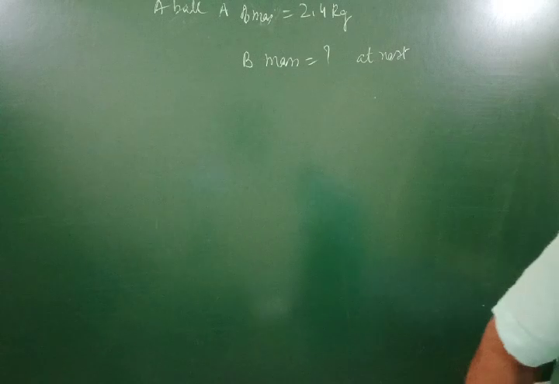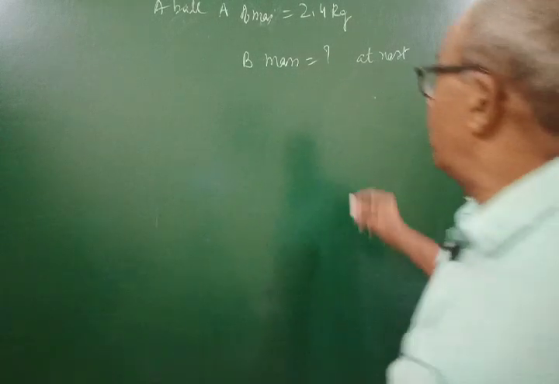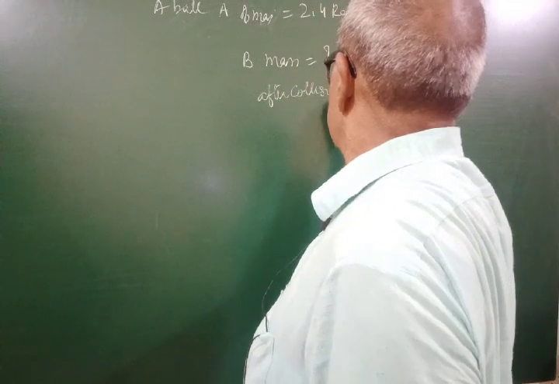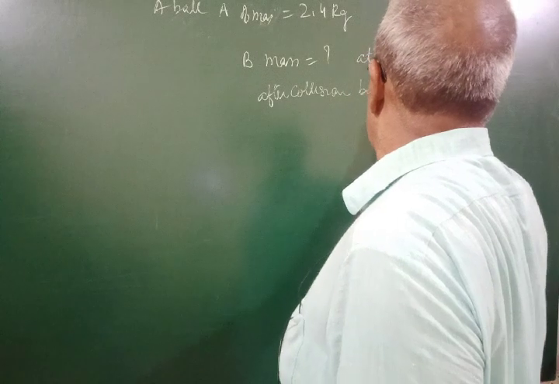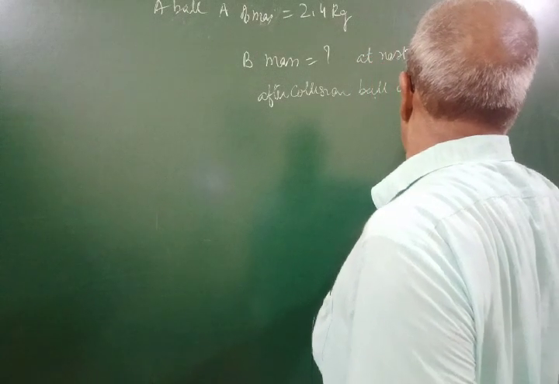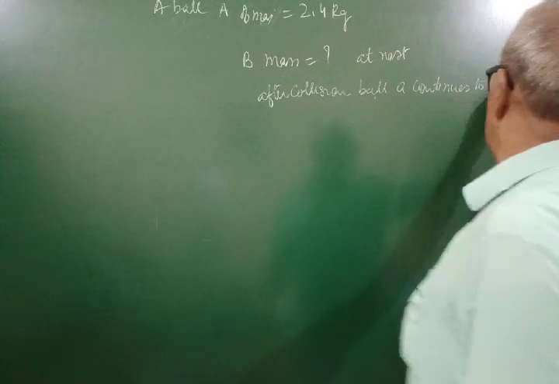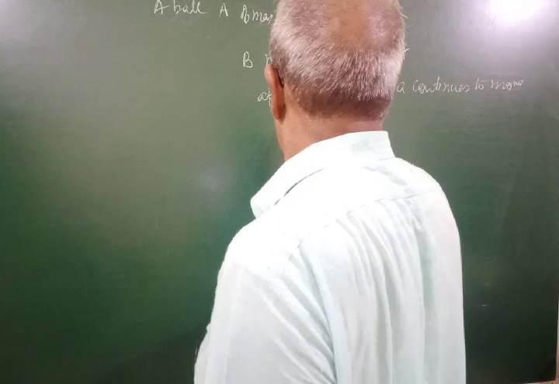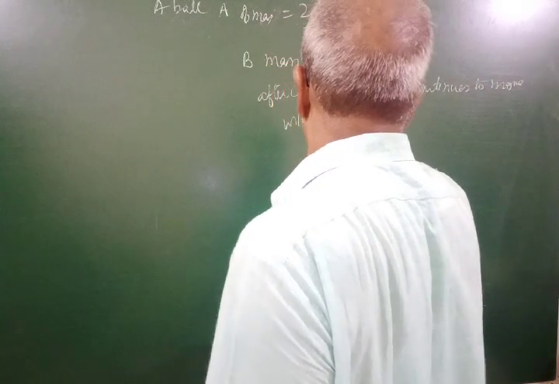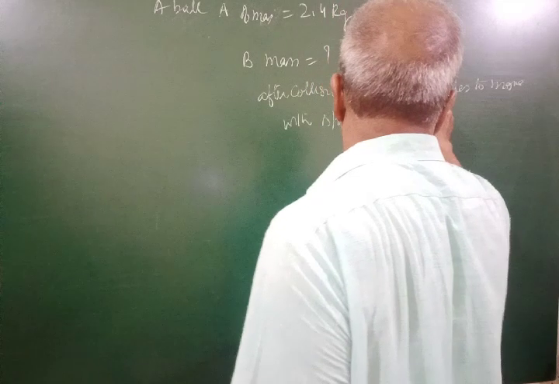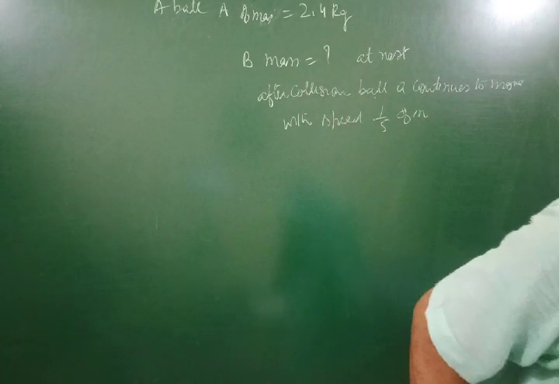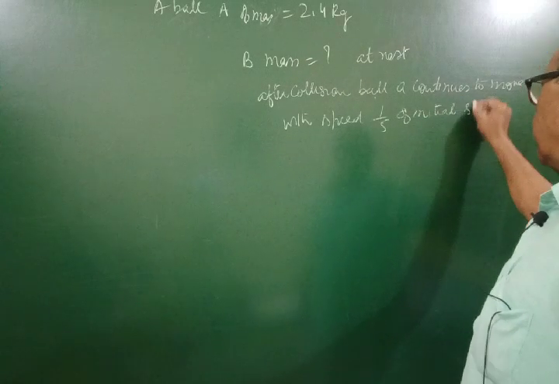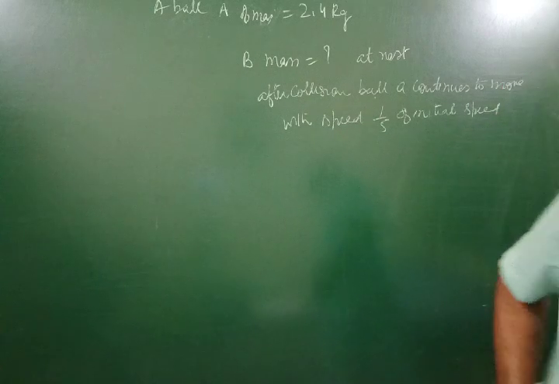After collision, ball A continues to move with 1/5 of its initial speed. Find the mass of ball B, and ball B starts moving forward.